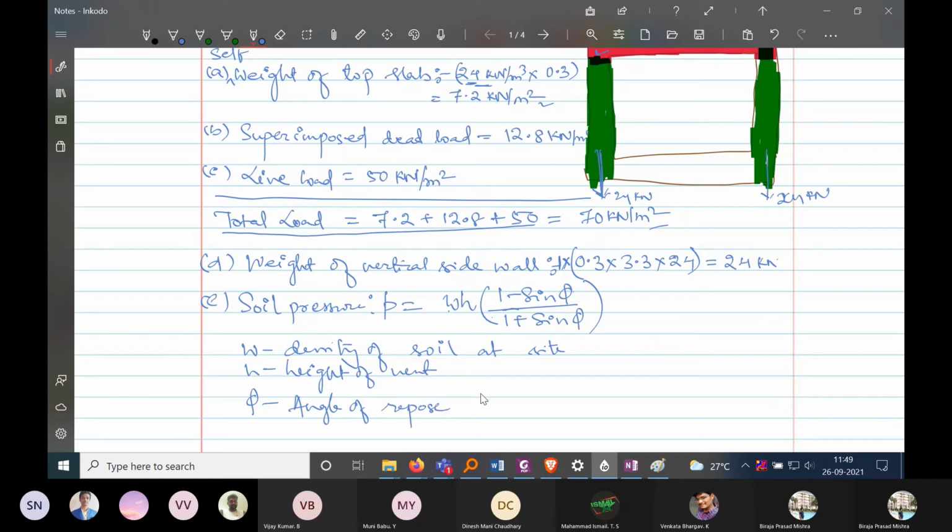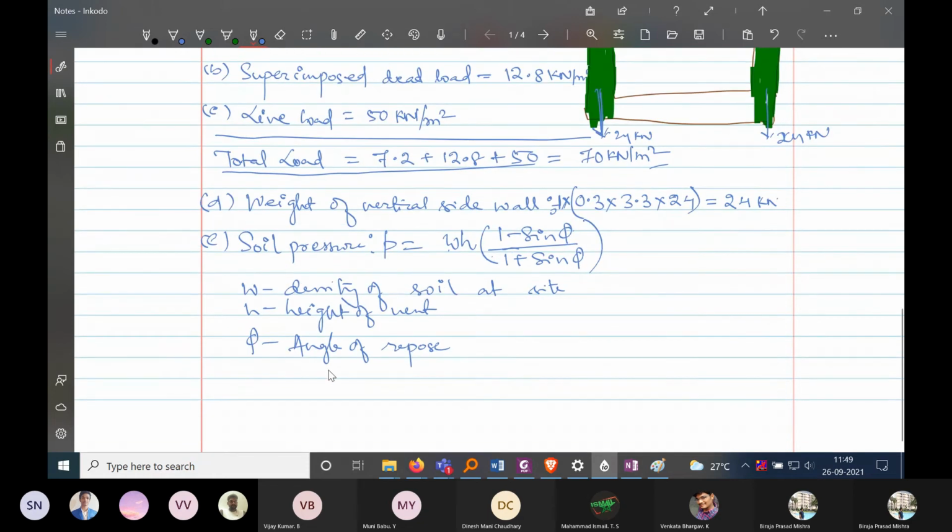Now easily we can calculate the value of P. So P equals the density of soil, which is 18, into the height, which is 3.3 meters, then (1 minus sine phi), where the angle of repose is given as 30 degrees, so 1 minus sine 30 by 1 plus sine 30.